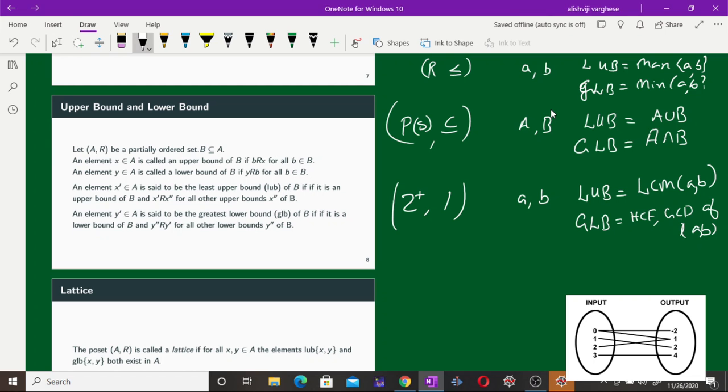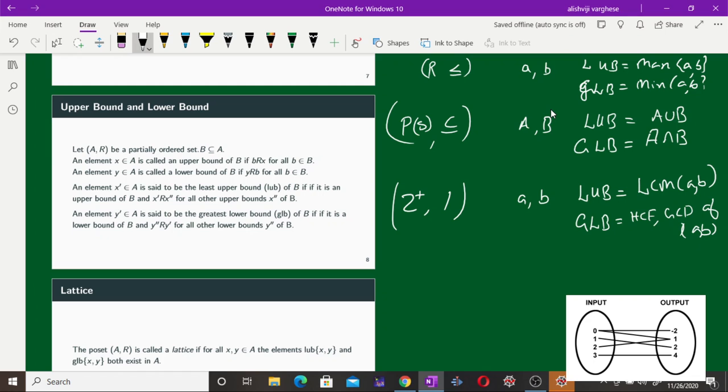Okay. And if we consider a subset of Z plus, there's one problem. If the LUB or GLB is the LCM of A and B or the GCD of A and B, that's fine. But we have to check whether that particular element belongs to our underlying set or not. In the case of Z plus, that is obvious. Z plus is the set of all positive integers, and the LCM and GCD are always positive integers, so they belong to Z plus.